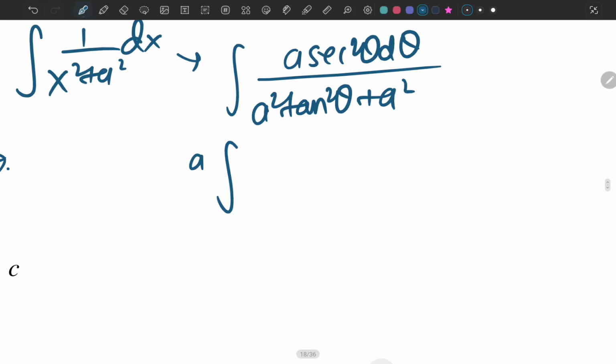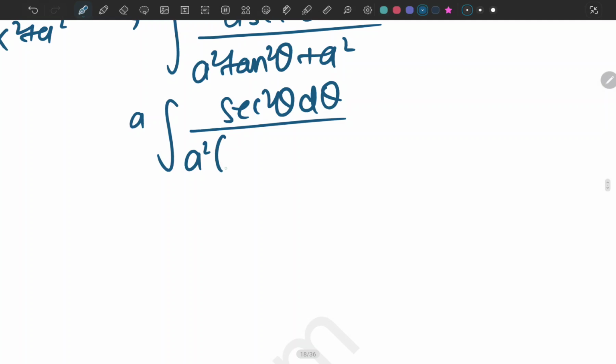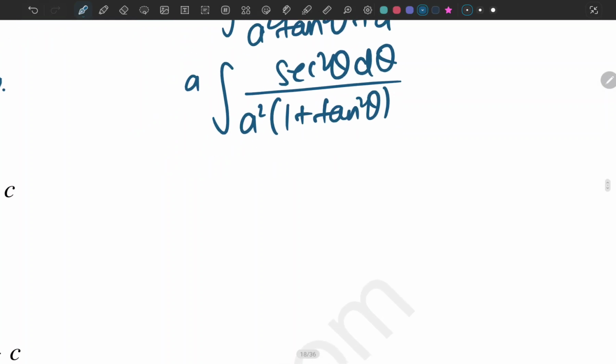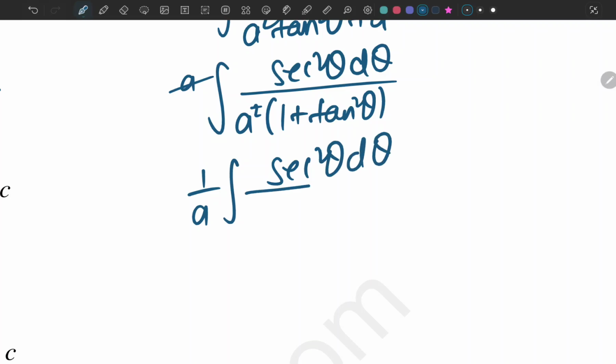So a times the integral of secant square theta d theta over, taking a square common, a square times 1 plus tangent square theta. Cancel one a, so 1 over a times the integral of secant square theta d theta over 1 plus tangent square theta, which is secant square theta.